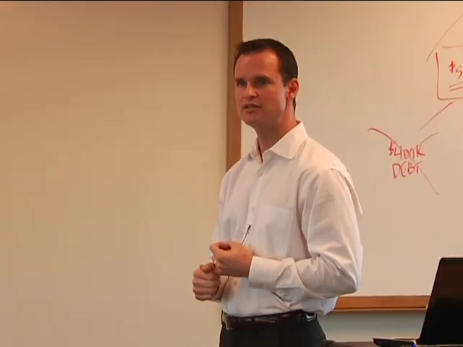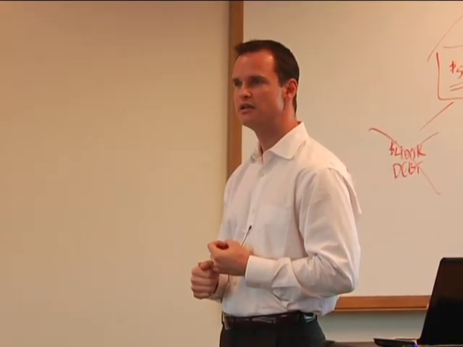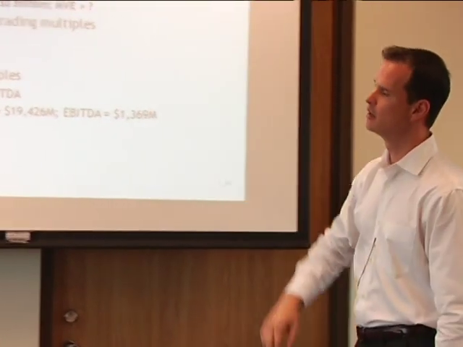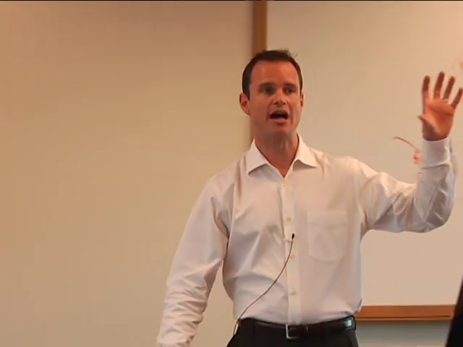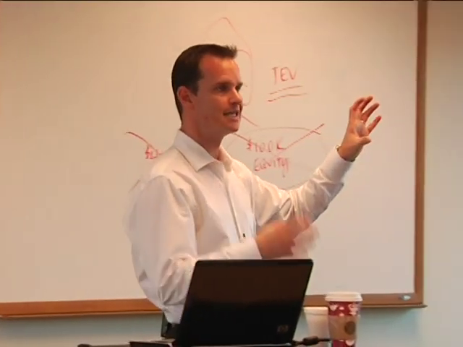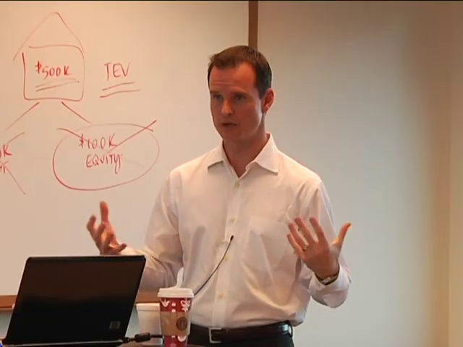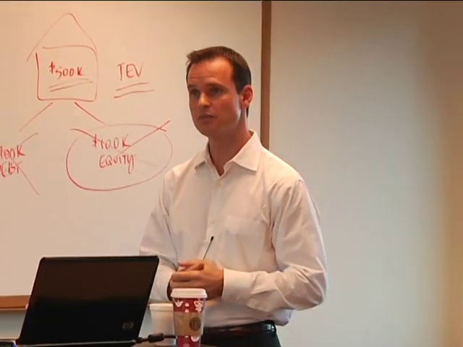Comparable public companies is a relative valuation methodology, so is precedent transactions. But a valuation multiple is basically a ratio where you've got some value in the numerator, and in the denominator, you've got some operating metric. Okay, most of us have probably heard of a PE multiple, a price earnings multiple.